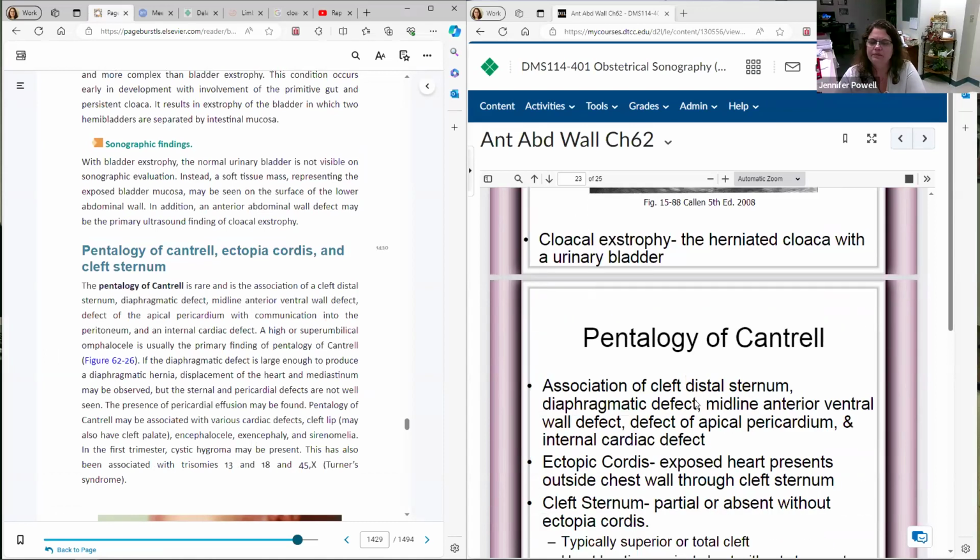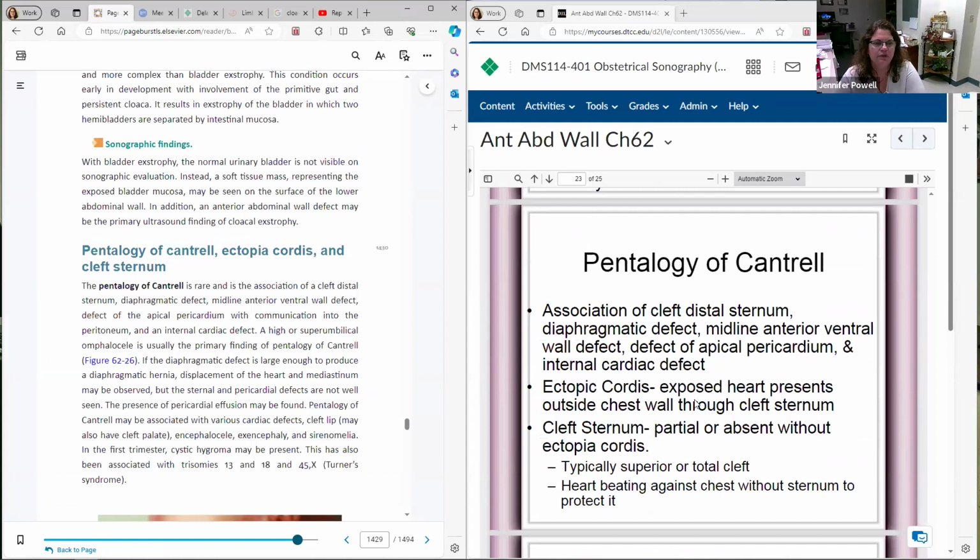All right, on to pentalogy of Cantrell. Pent is 5. I'm sure you all know that. Pentagon, pentagram. So there's 5 associations with this syndrome.